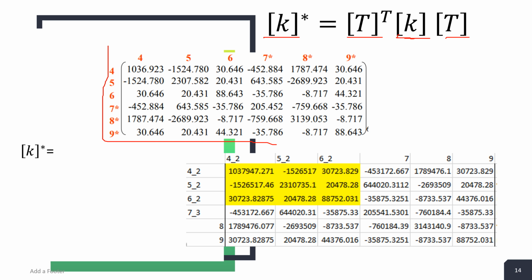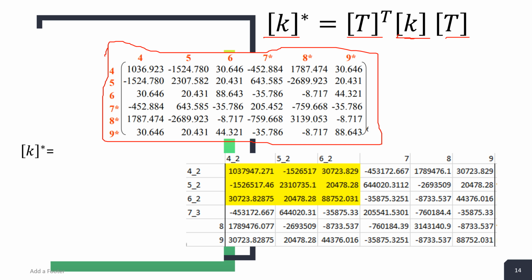So that's what you do. This is the result of the multiplication.